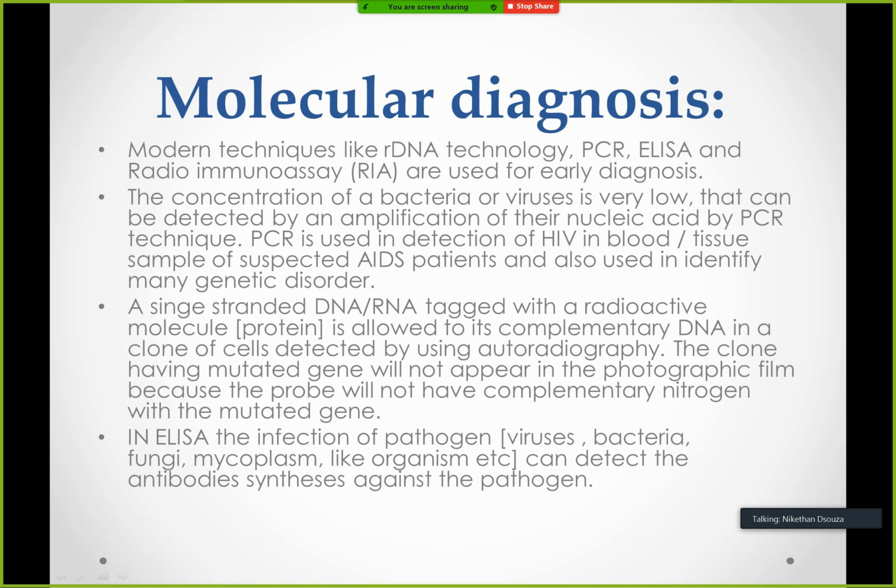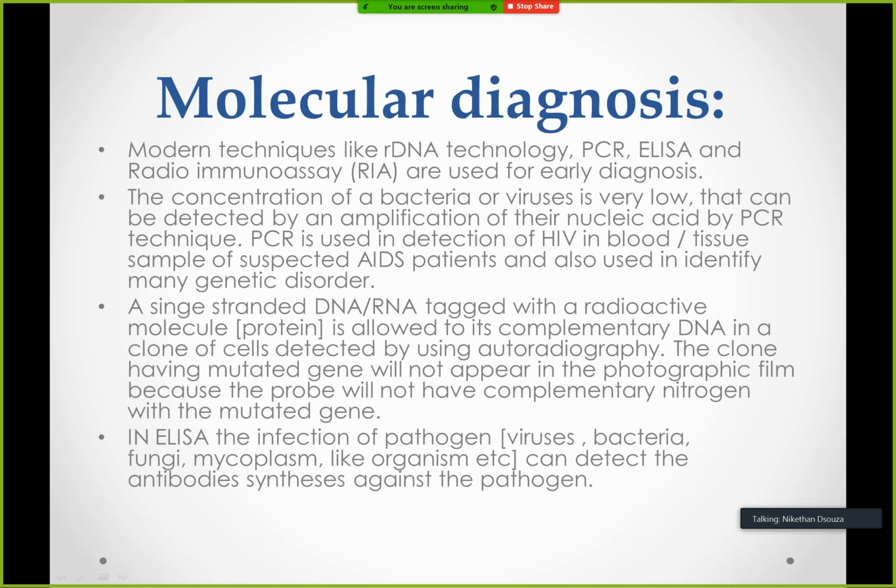For amplification, we use PCR, polymerase chain reaction. I'll not go into detail because in the last chapter I explained what polymerase chain reaction is. With PCR, we can obtain a large number of DNA copies. From that, we can detect diseases like HIV or AIDS in patients.